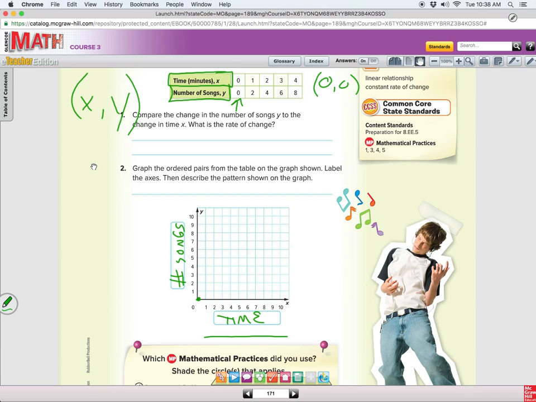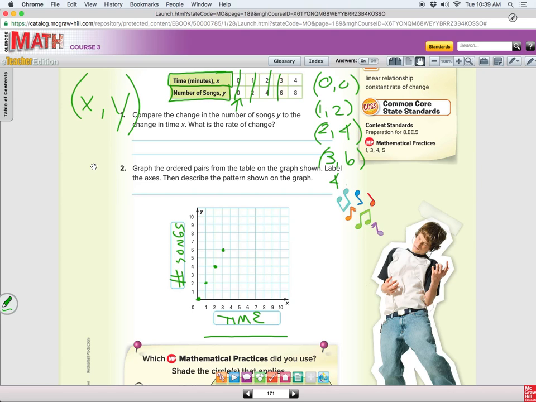So we have the first one. The next one is 1, 2. That means on the x-axis I start at 0, 0, I go over 1, up 2. Next one I have is 2, 4. So I go over 2, up 4. Next is 3, 6. Over 3, up 6.